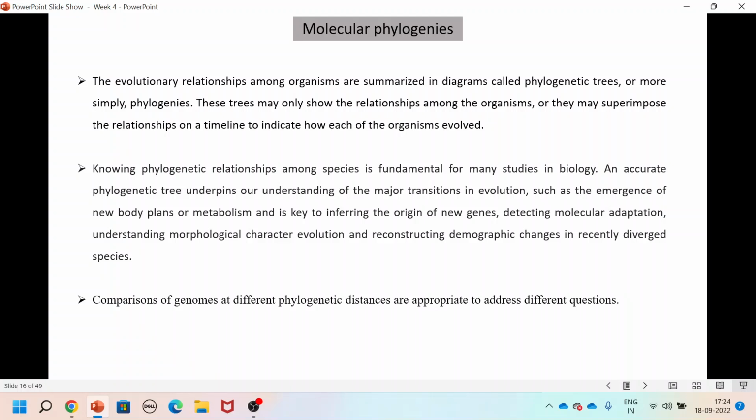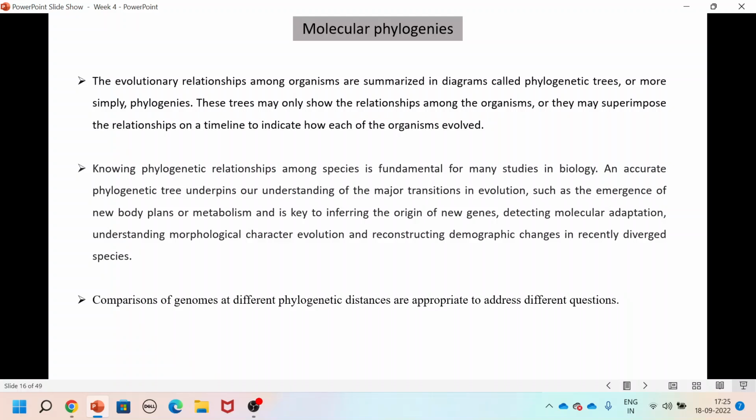Now, knowing the phylogenetic relationship among species is fundamental for various studies in biology, because by knowing it, we can have an idea how a protein has evolved, how we have evolved over time, what things are still conserved, and what selection pressure we have overcome.